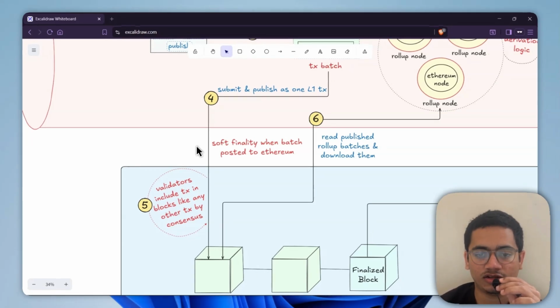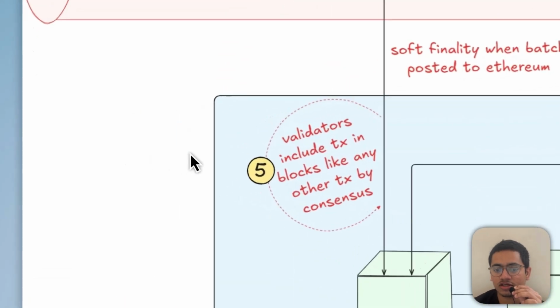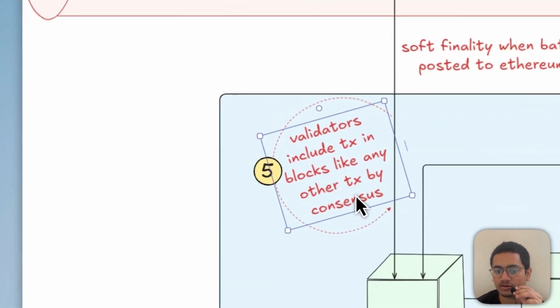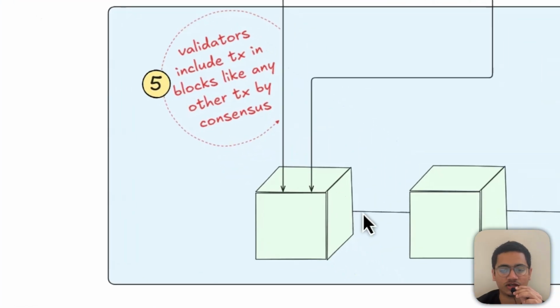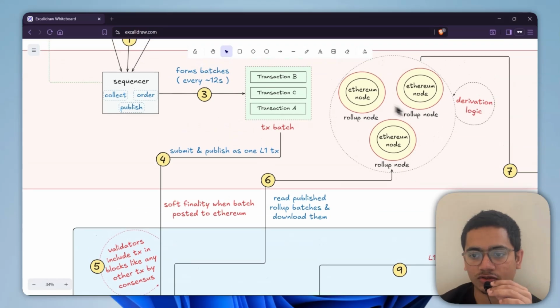So it's not final yet. That comes in the later part called hard finality. Now in step 5, you can see the validators include the transactions in the blocks like any other transactions through the consensus process. In step 6, you can see the rollup nodes.